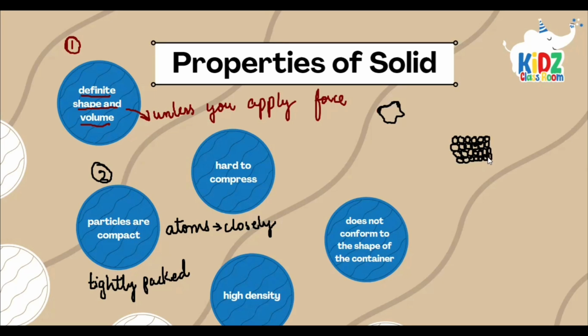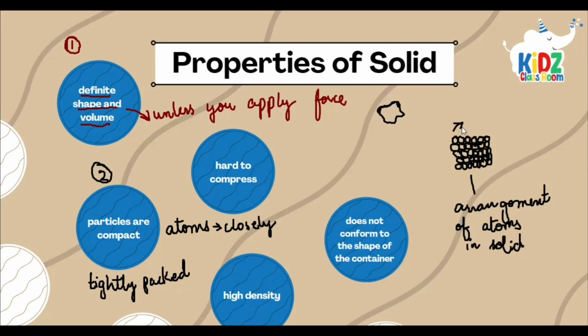They cannot move and change their direction. So this is how particles in solids pack together. This is the arrangement of atoms in a solid.